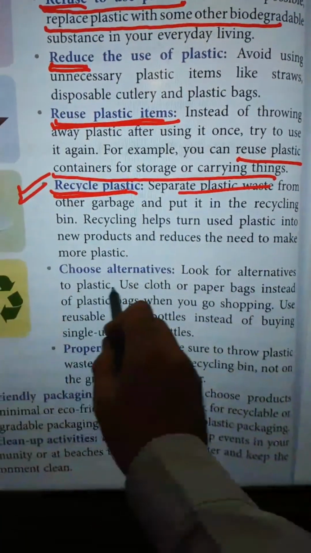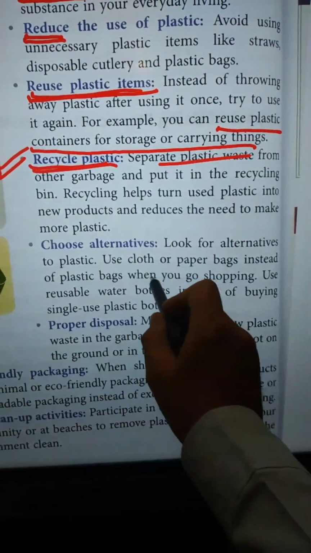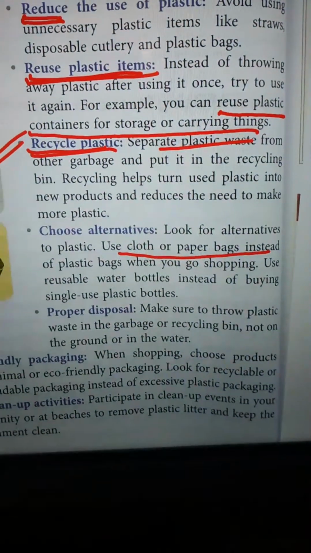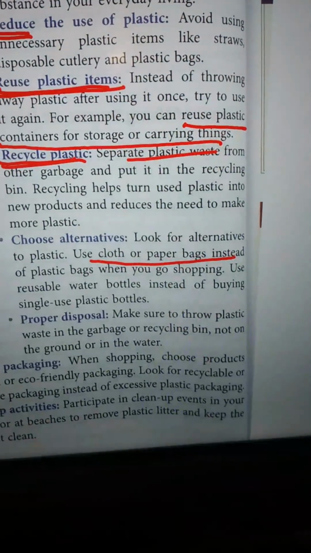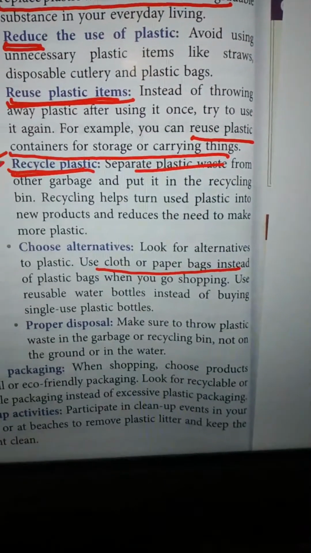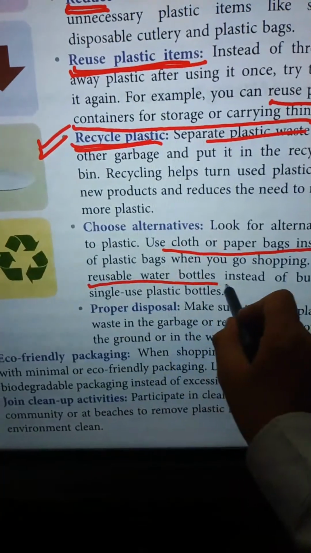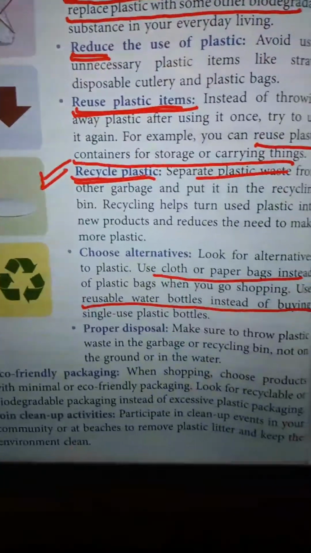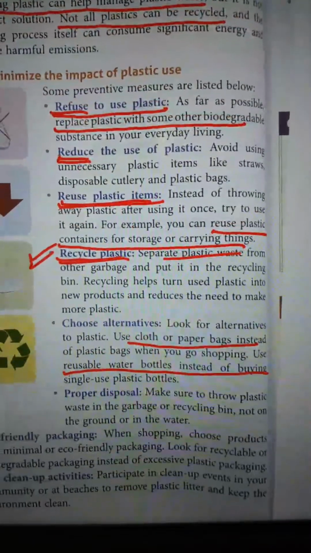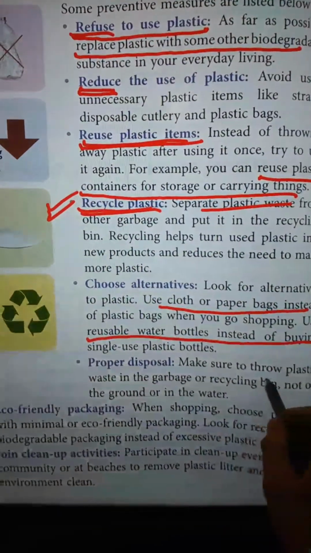Then choose alternatives. Look for alternatives to plastic. Use cloth or paper bags. Paper bags are becoming popular, but paper is made from trees, so you will have to cut down trees. Use reusable water bottles instead of buying single-use plastic. These are some important ways. Throw plastic properly.